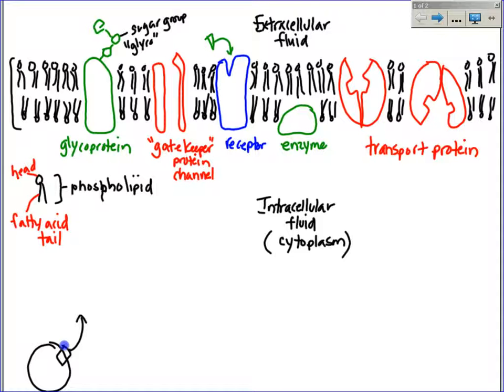But this one is kind of showing the type where it's specific for a certain shape. So this one wouldn't fit it. This one would fit it. And it causes a change in the conformation of the protein, and it would allow it to be released on the other side. Okay?